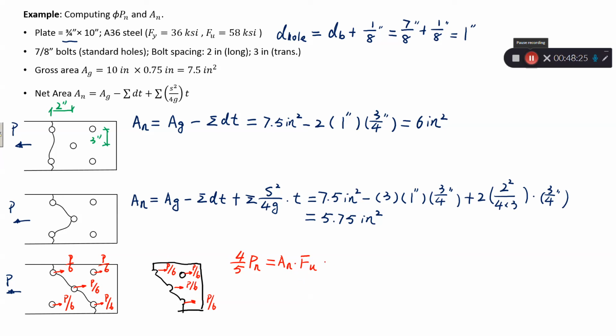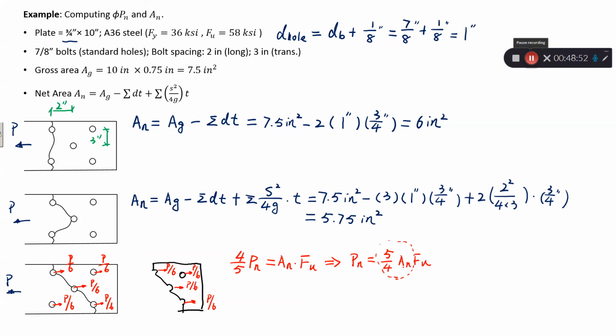Okay, and rearrange that. Your PN will be equal to 5/4 AN FU. So this is your equivalent. So 5/4 is your equivalent net area.